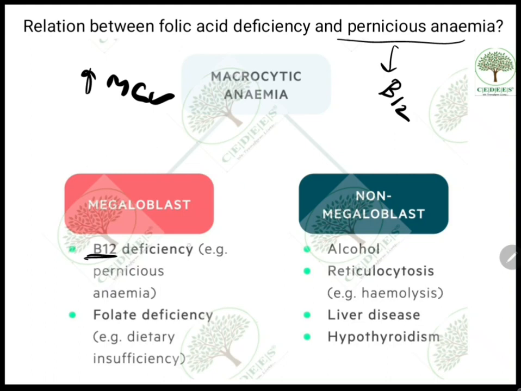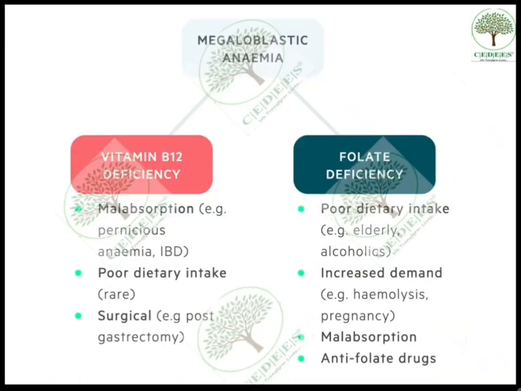When we talk about megaloblastic anemia, which contains these abnormal megaloblasts, it can, like I said, be due to vitamin B12 deficiency. Even then, it can be because the patient has not been taking it in, for example in vegetarians, who due to poor dietary intake might develop B12 deficiency.